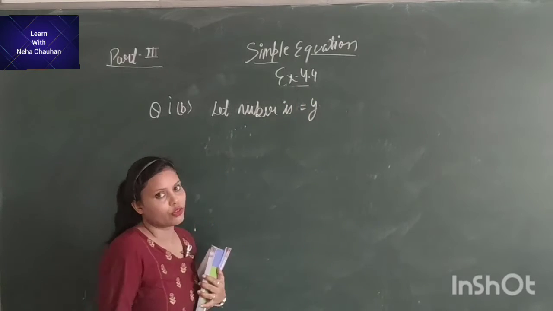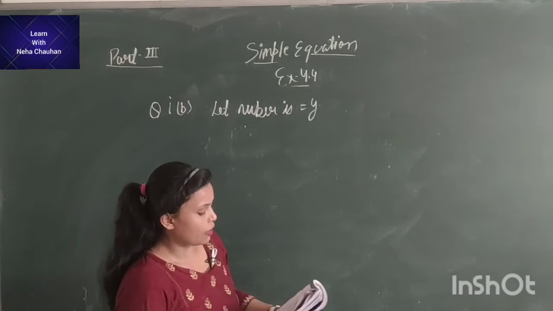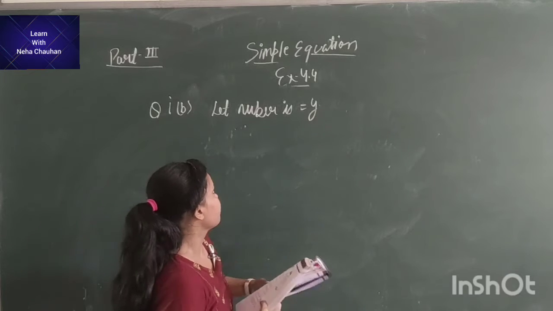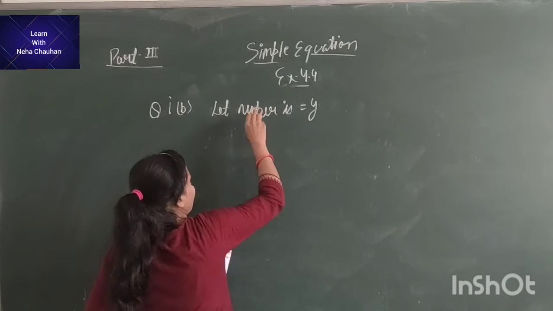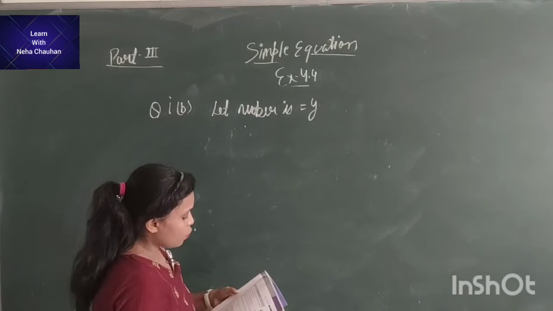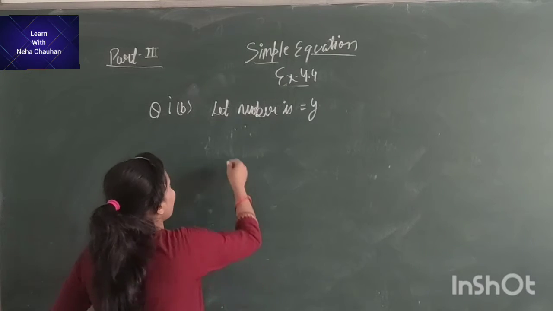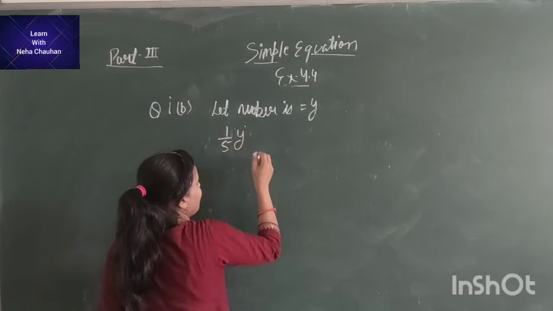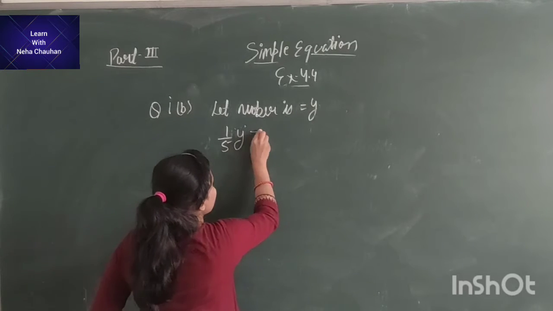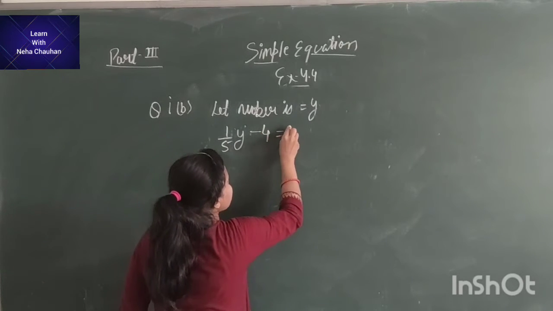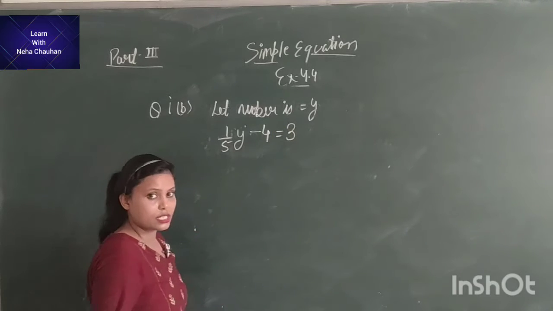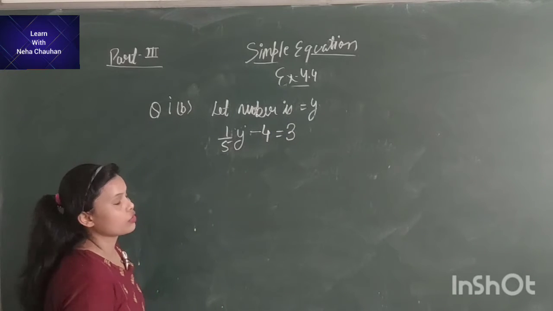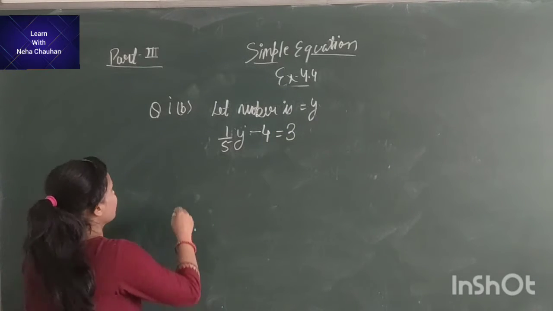So 1/5 of the number minus 4 gives 3. This is the equation for the second question. You have to solve it on your own.